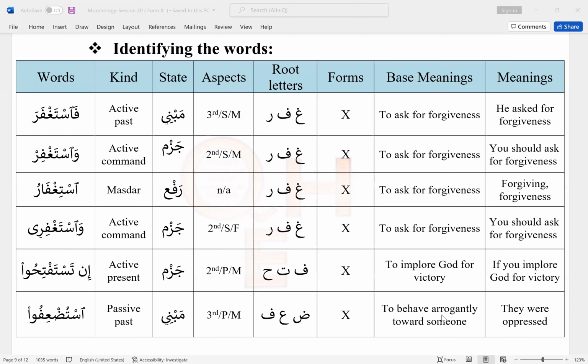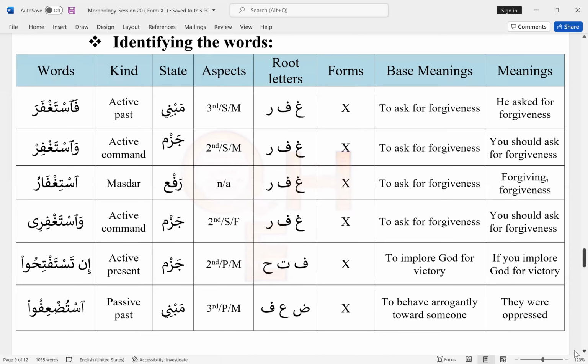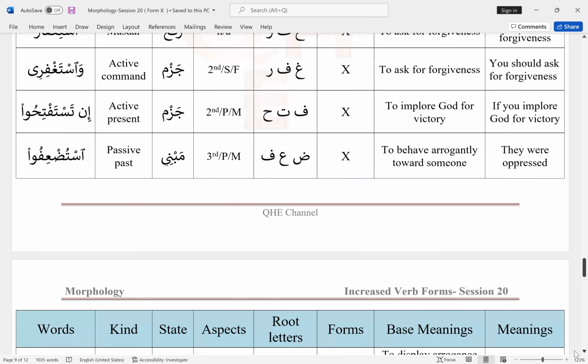Corresponding to the verse, we chose the meaning from the dictionary to behave arrogantly towards someone. This is passive, so this particular action was done on them. So we said they were oppressed. Now let's look into some more words.